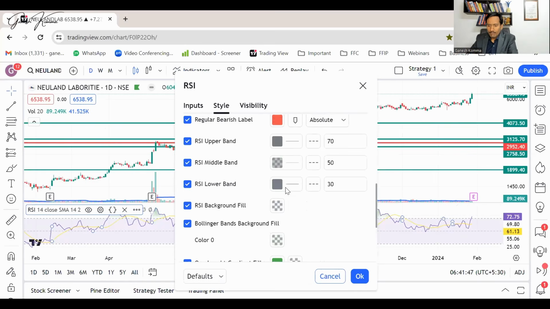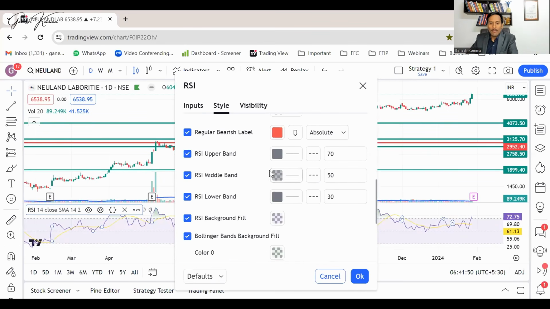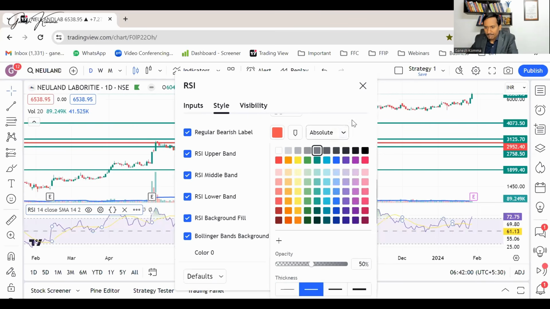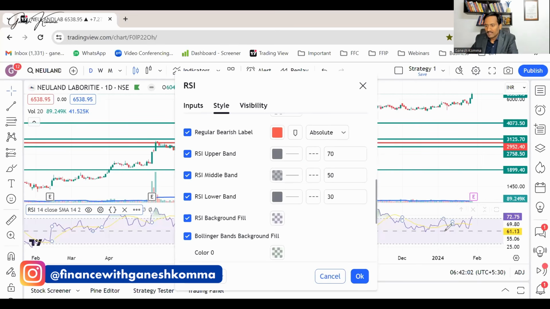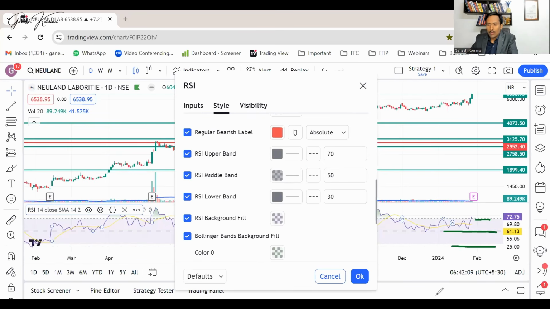Here we have the RSI upper band, RSI middle band, and RSI lower band. Your middle band is this particular line which we are discussing, this is your upper band, and this is your lower band.